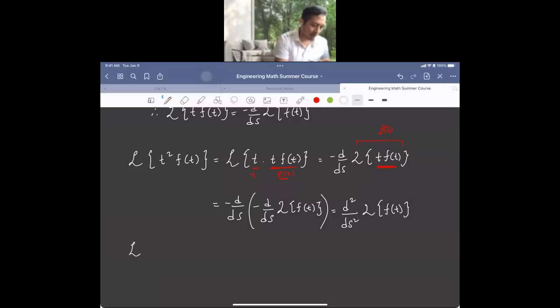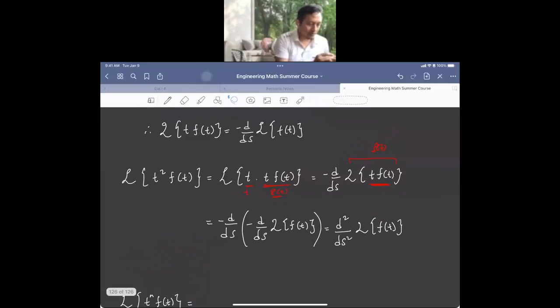Now we can ask what will happen if we have t with power of n. Well, it's power, but later it will be the derivative. So t to the n f of t, like that. So this will be equal, based on what we have. If we have the first derivative, it has negative, right?